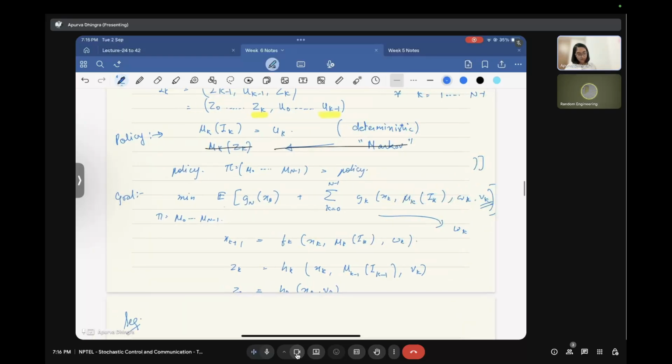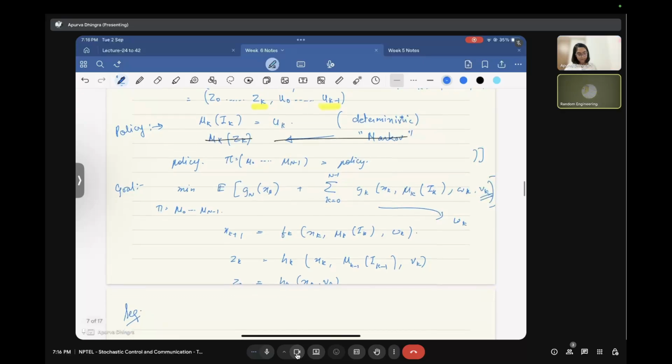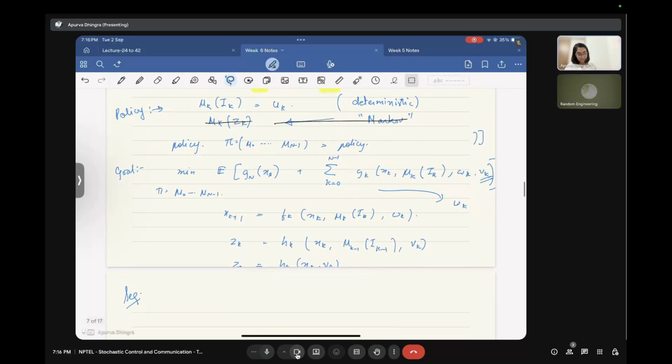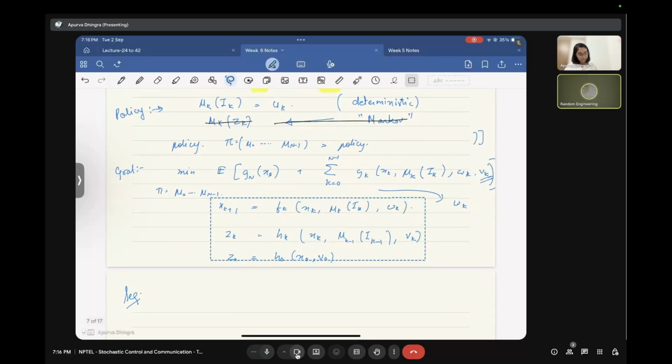Remember the expectation. We would not be able to know x of n, x subscript capital N, perfectly. No, no, here it's not about knowing a state.